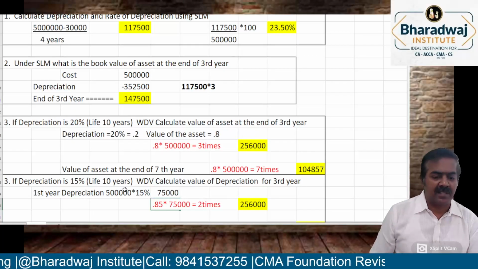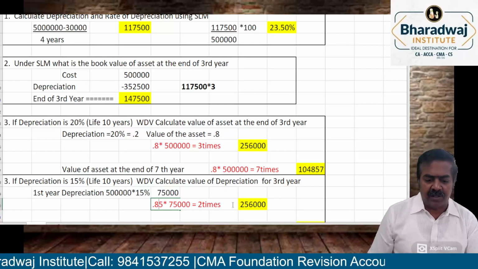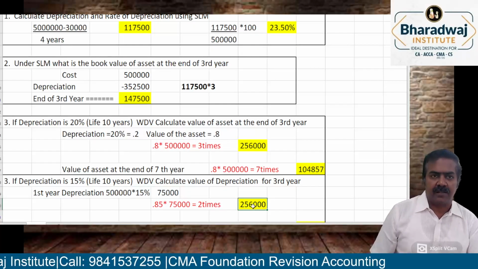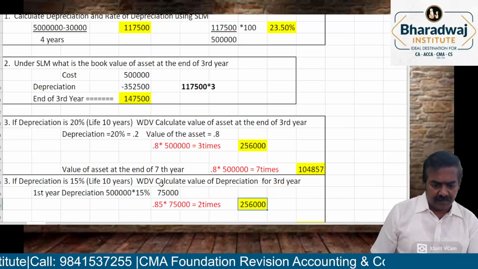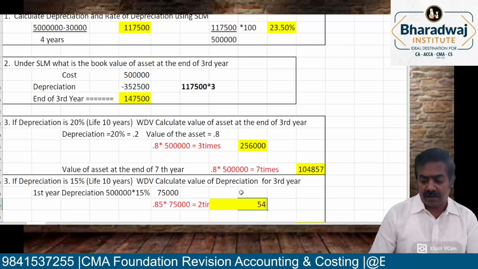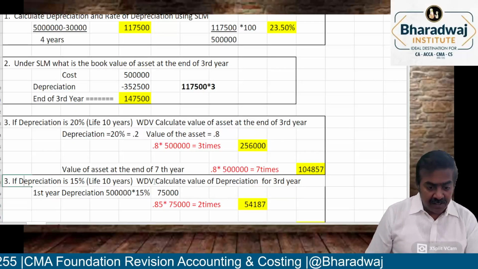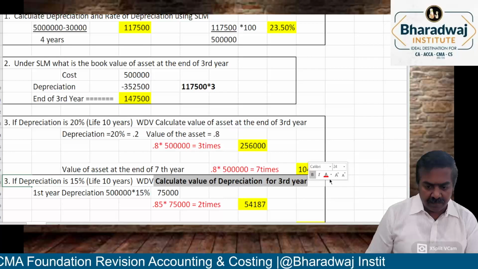Why 2 times? Already we worked out first year depreciation. 0.85 into 75,000, 2 times. How much you will get? 54,187. This is depreciation for the third year.